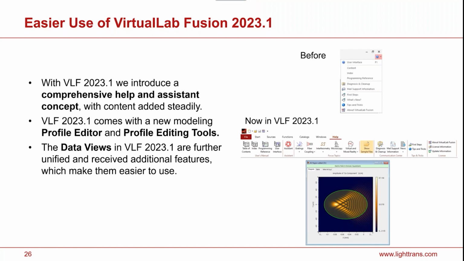Also, if you see some things which we would like to add in explanations because some users have problems there, then we can add that in between the releases. Then you will see a lot about the profile editor and the tools. This gives you, of course, a much easier way to handle the modeling.